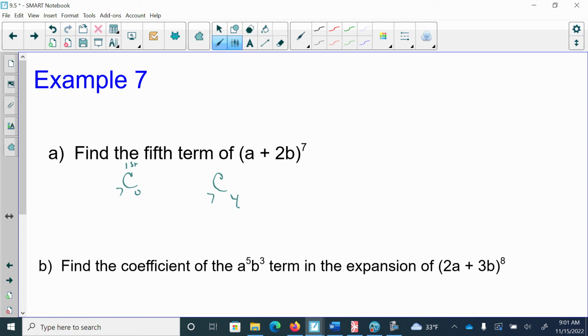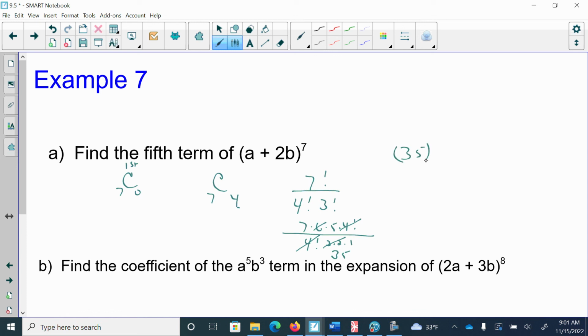So to find that coefficient, I am going to do 7 factorial over 4 factorial, and then 7 minus 4 is 3 factorial. So this is 7 times 6 times 5 times 4 factorial over 4 factorial, and then 3 times 2 times 1. So the 4 factorials will simplify, the 3 and the 2 and the 6 will simplify. So my coefficient is 35.